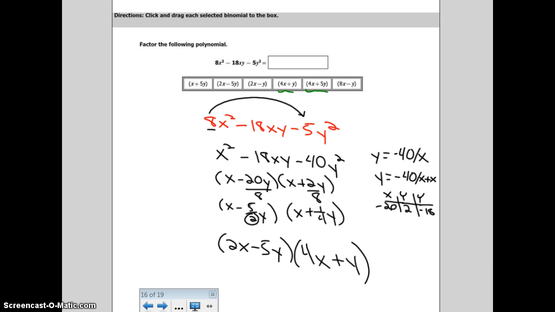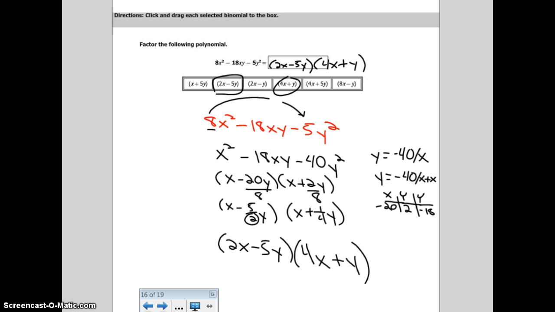So, this isn't the easiest problem. But the nice thing about algebra is you can always check your work, and you can use that to your advantage on problems such as this. So these are the boxes that you would drag. So I don't want that to confuse you. The boxes that you would drag would be 2x minus 5y and 4x plus y.